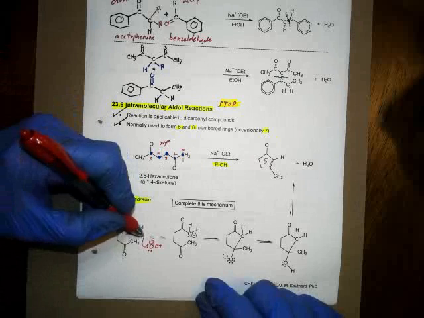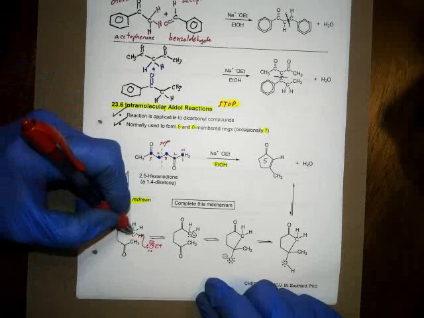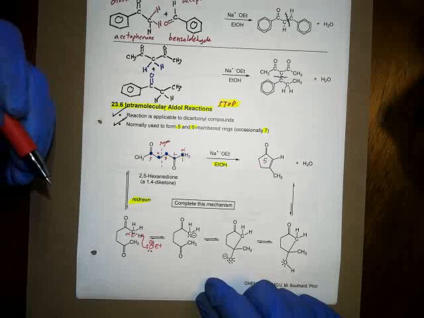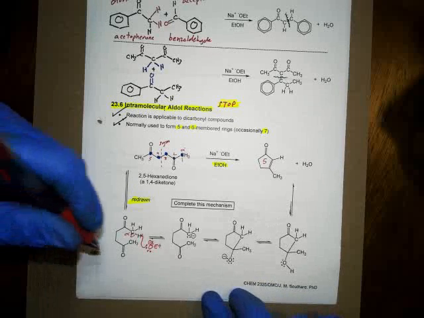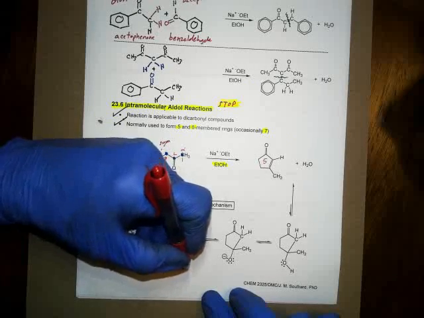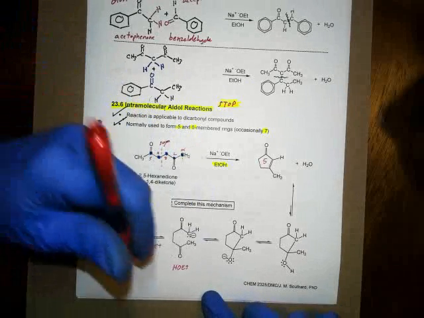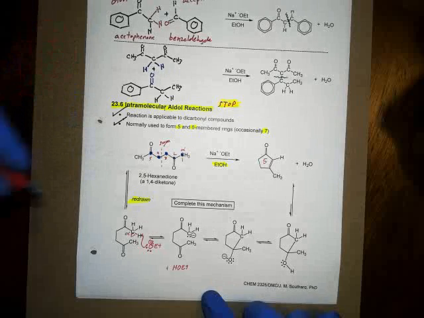Any one of those lone pairs, okay, will pick up a proton from the alpha carbon. Okay? Alright, so we're just showing something you've seen all along, deprotonation. And by virtue of doing that, you produce the conjugate acid ethyl alcohol. Okay? But more importantly, you've generated an enolate.